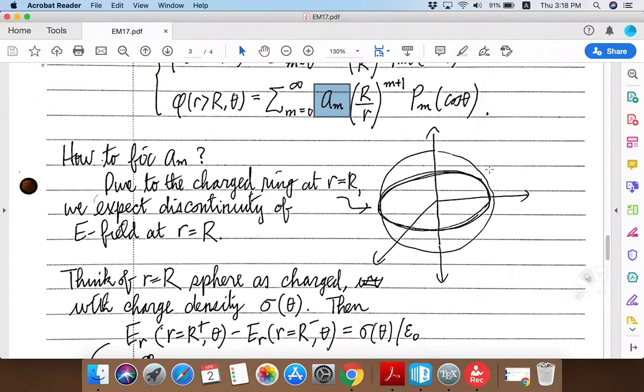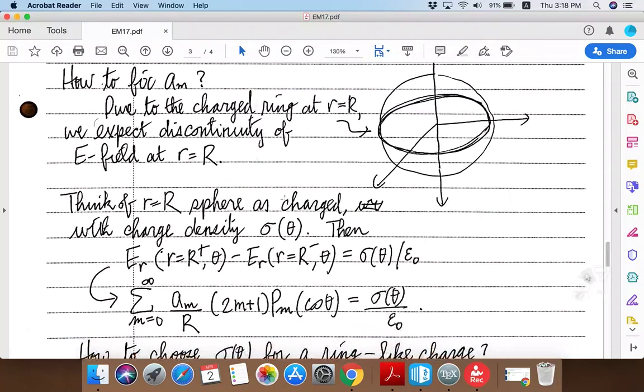Just remember the case of an infinitely large charged plate. We saw that there is a discontinuity of the electric field as you cross from one side of the plate to the other. And that same thing happens whenever you cross a surface full of charge.